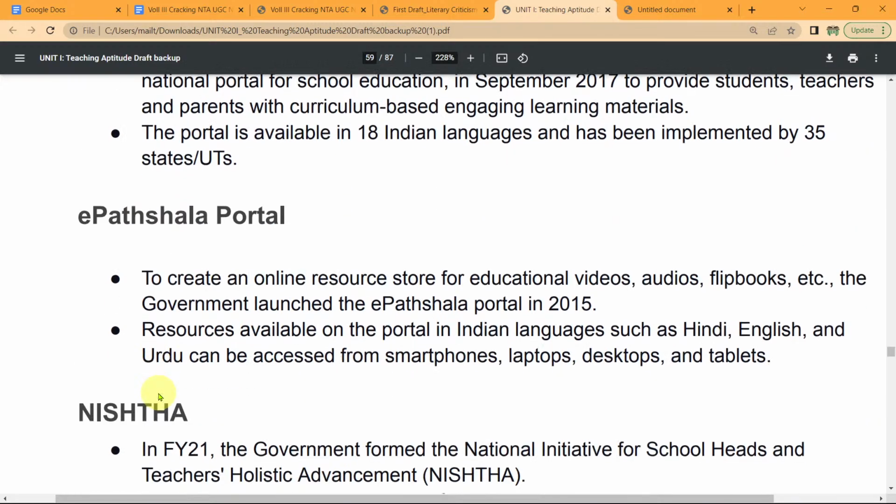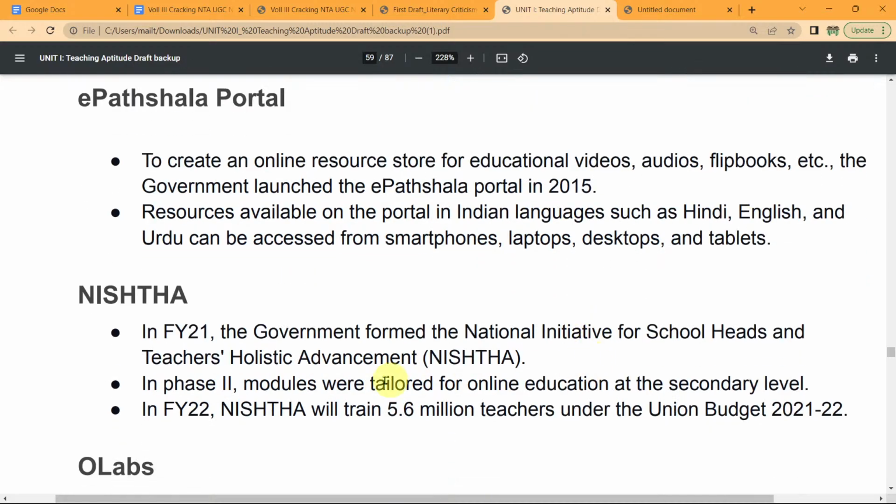E-Pathshala, which you already saw on YouTube, has so many lectures on different subjects, and its portfolio could be audios, videos, flipbooks and others.